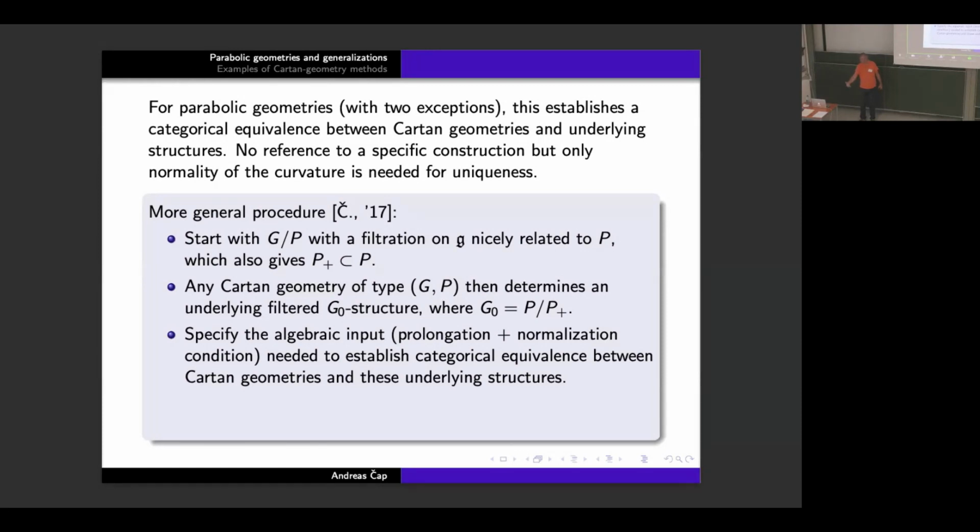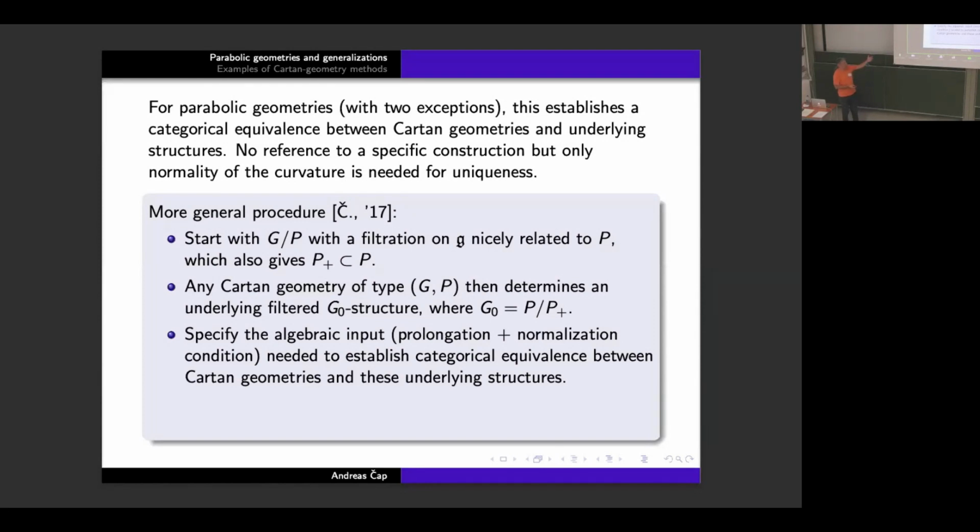You need information on the prolongation; you can phrase this in terms of Lie algebra cohomology, so verifying facts about H1 of G minus and G. And then you need this normalization condition, which is not easy to get. There are some general ideas on how you get it, but this is something that you have to do case by case.